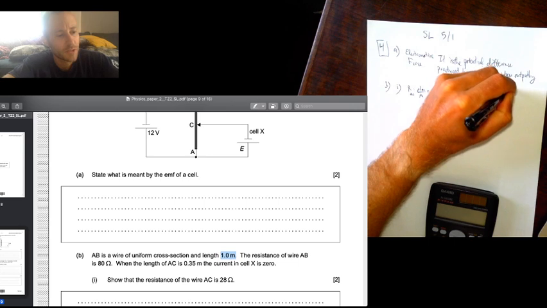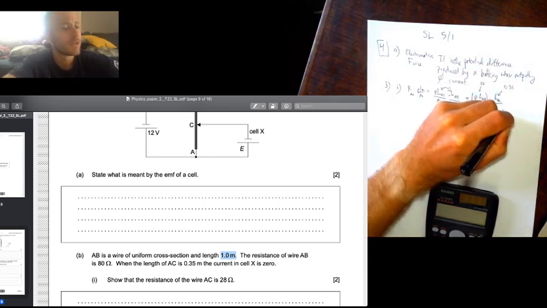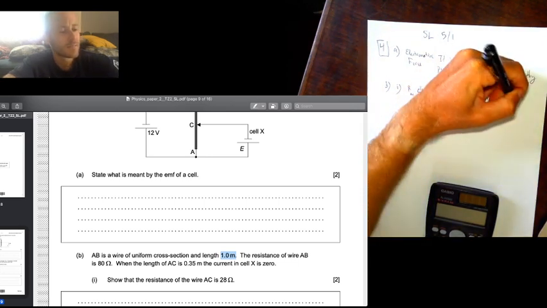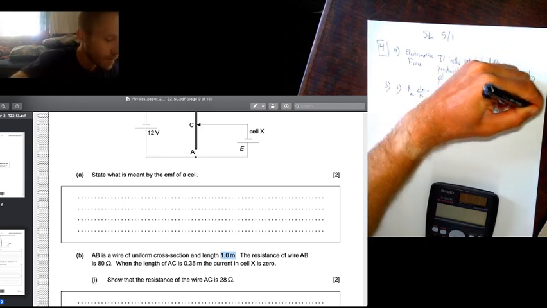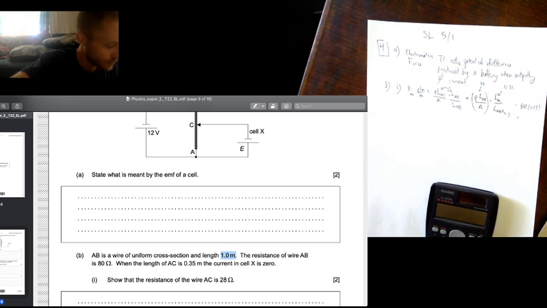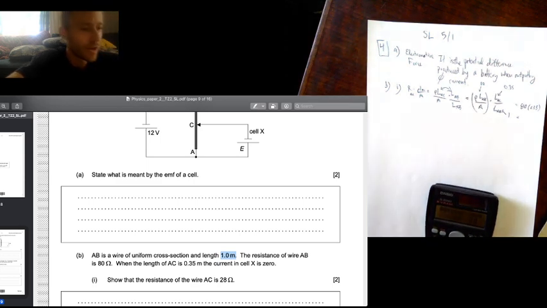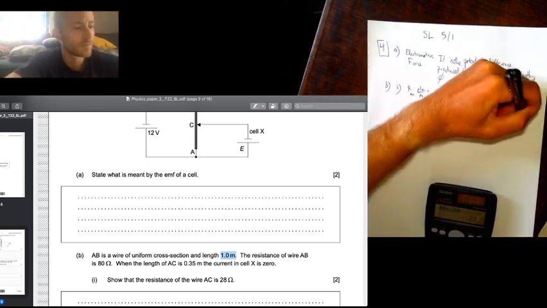So this is 1 and this is 0.35. So we get 80 times 0.35, which is 28 ohms.